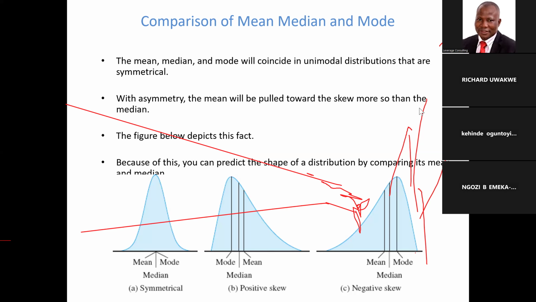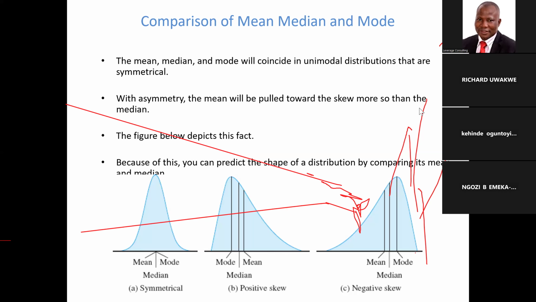Now, because many of them will have many scores, the value that is most frequently occurring, which is the mode, will be the same as the mean and the median. That's why I say mean, median, and mode are the same in a variable that is normally distributed.